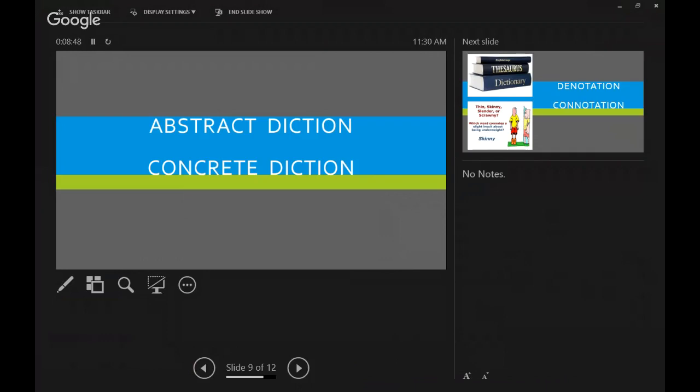However, abstract diction then is language that describes qualities that cannot be perceived with your senses, right? If I say the apple is nice or the apple is beautiful, those are very abstract and they're subjective, because what you think is beautiful or what you think is nice may be very different from what I think is beautiful or what I think is nice.